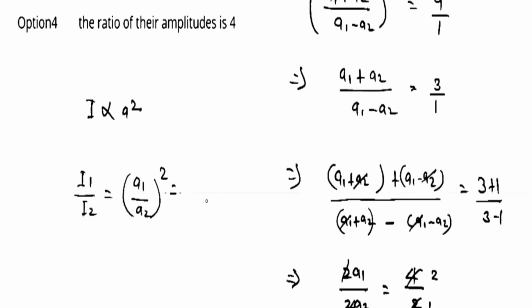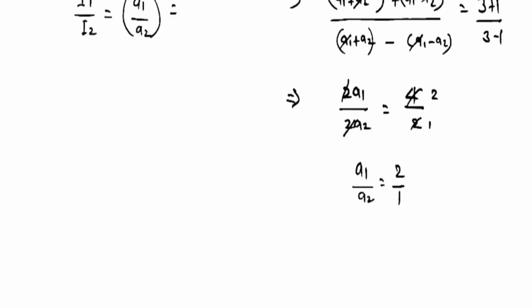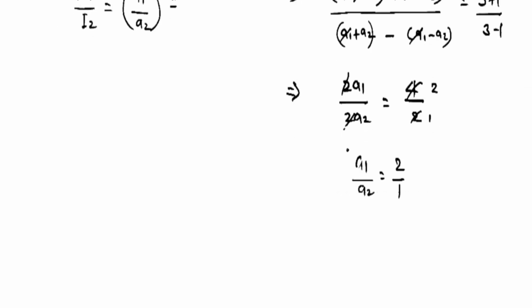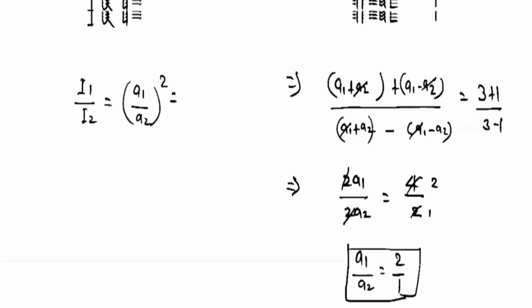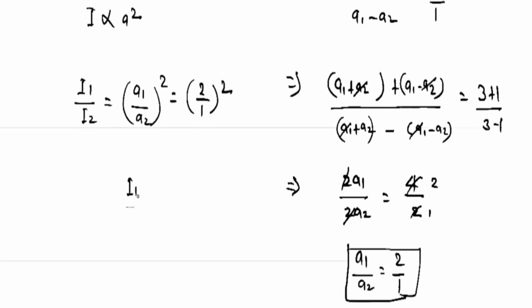A1 by A2 is 2 by 1, so we put the value here: 2 by 1 whole square, and it becomes I1 by I2 equals 4 divided by 1. So the ratio of intensity I1 by I2 is 4:1.